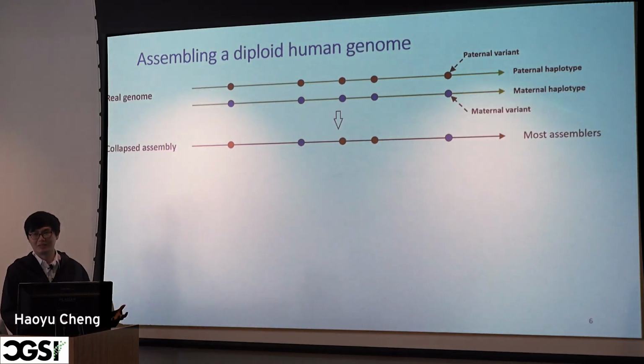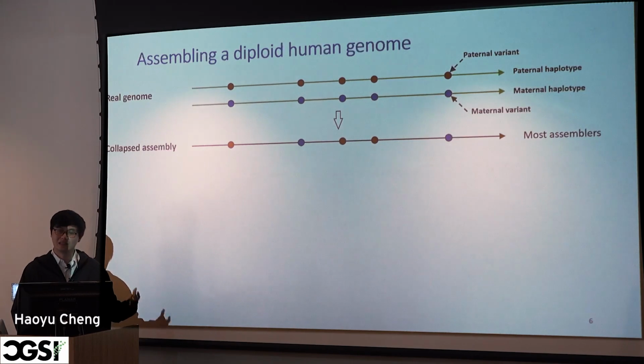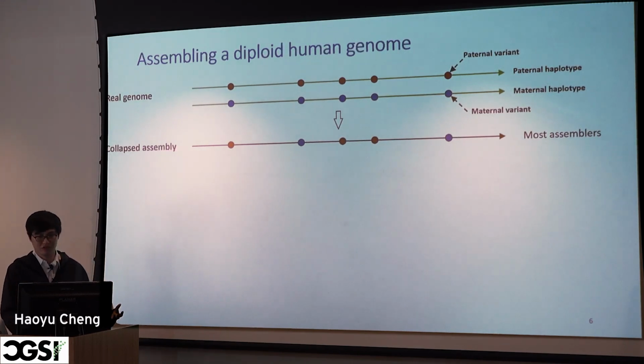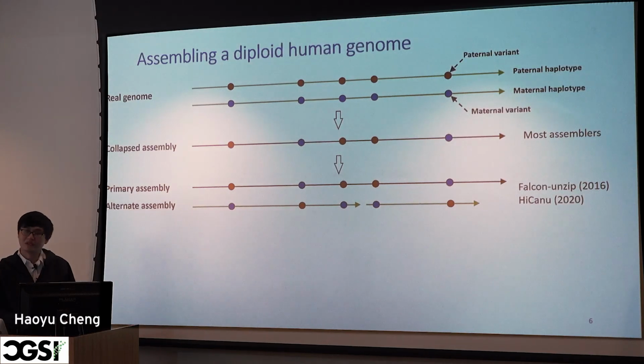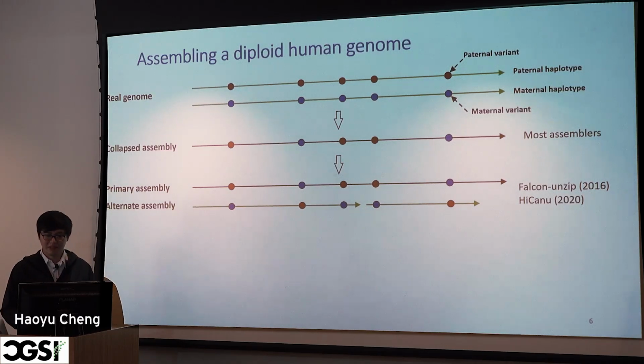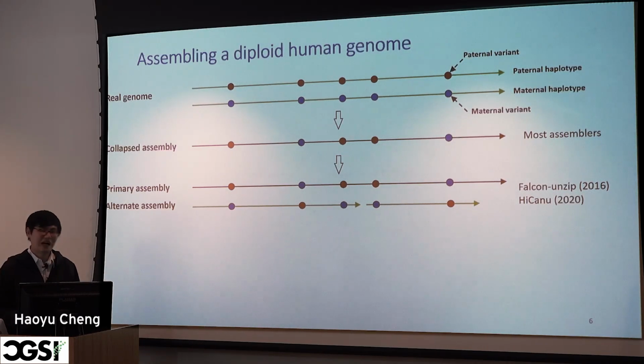It's not a real haplotype, and definitely loses at least half of the information for a diploid genome. Several methods try to reconstruct more information by outputting 2 assemblies: one is a primary assembly, another is an alternative assembly. However, the primary assembly is still a collapsed assembly, and the alternative assembly is highly fragmented, which makes it hard for downstream users and applications to use.